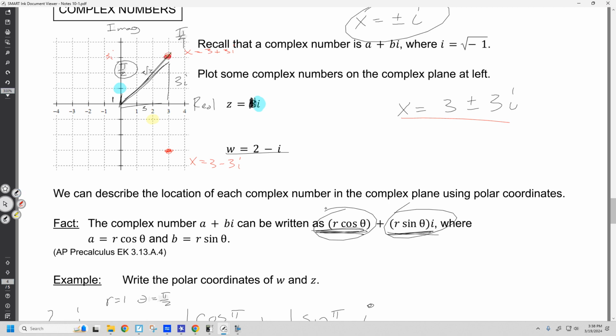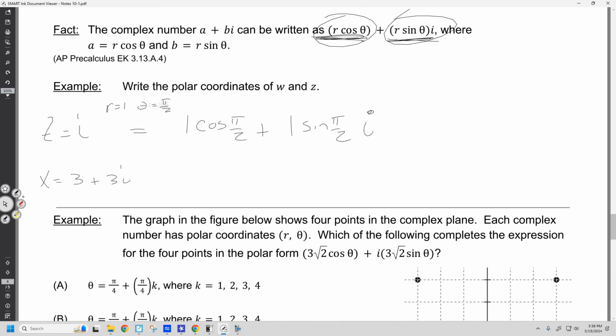So 3 plus 3i is a radius of 3 root 2 and a theta of pi over 4. So we got r cosine theta plus r sine theta i. It's a 3 and a 3. 45, 45, 90.